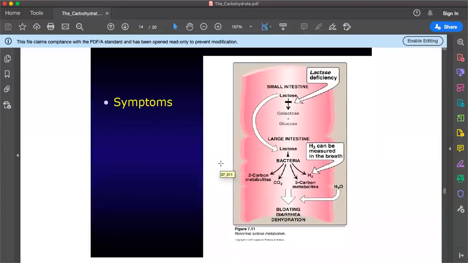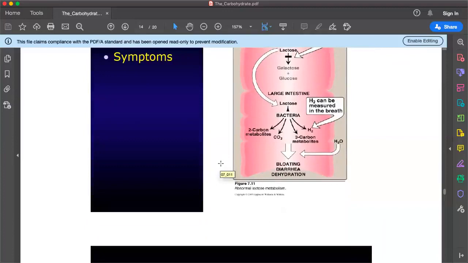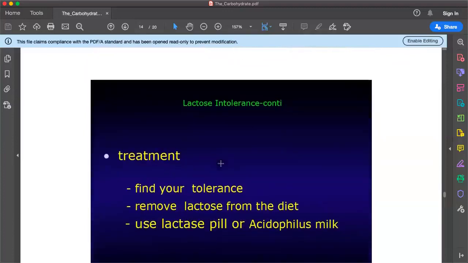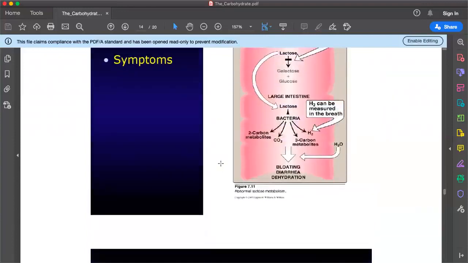Lactose intolerance can actually be diagnosed by a very simple test called the hydrogen breath test. The gases produced in lactose intolerant people lead to bothersome symptoms like bloating, cramping, and flatulence.